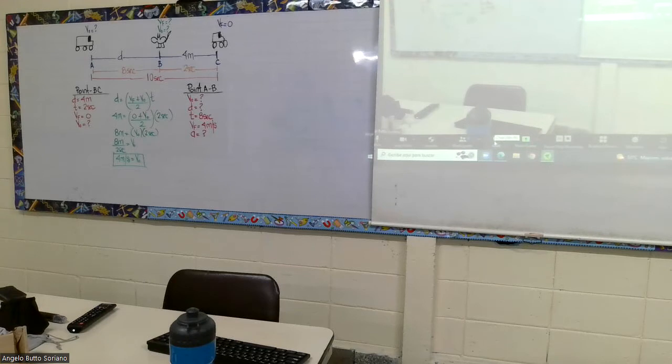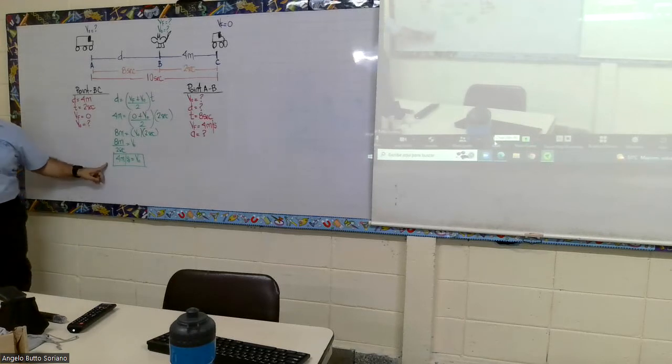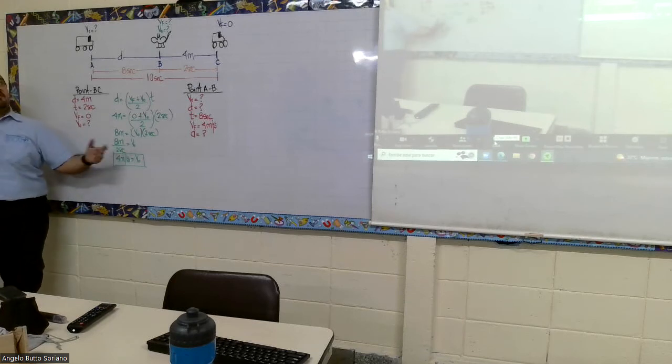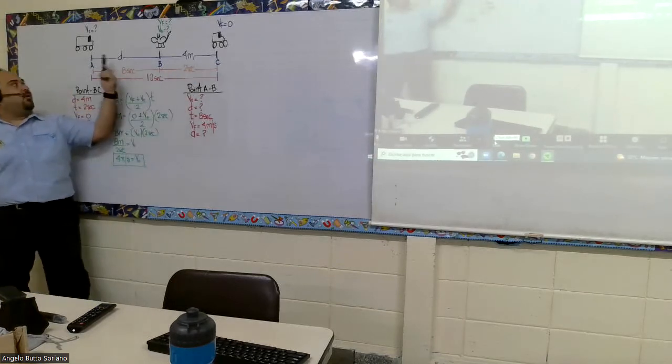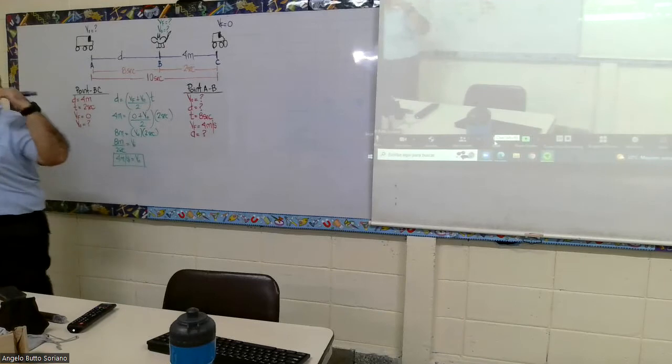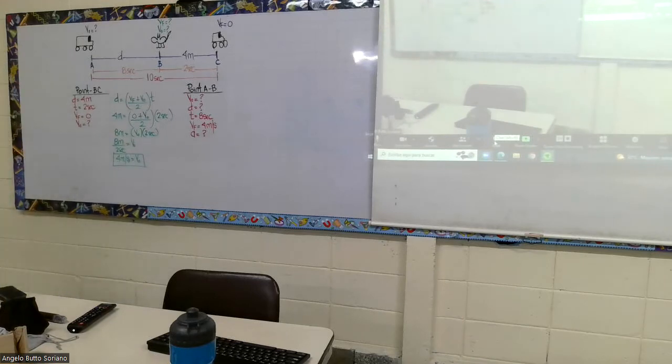Well, actually, the distance was useful to calculate the initial velocity we were using already. Now we are looking for the acceleration, and it doesn't matter if we find it in BC or AB because the acceleration is constant. It doesn't matter the spaces, right?